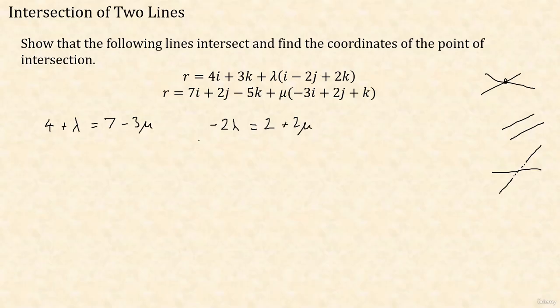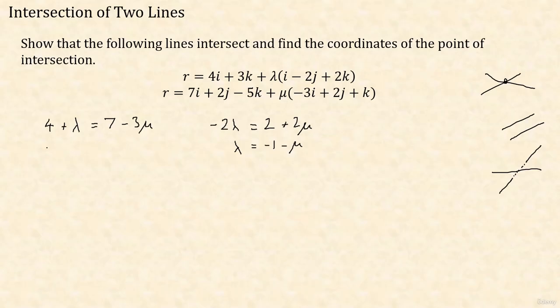My strategy will be this. I'm first going to solve the simultaneous equations for the i and j coordinates, and then I'm going to check that it works for the k one. That's how we're going to show they do intersect. So I can solve this nicely by dividing through by -2, and I get lambda equals -1 minus mu.